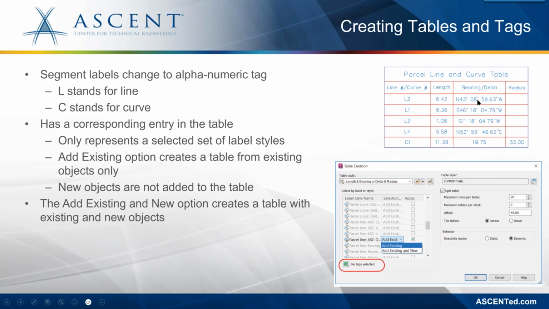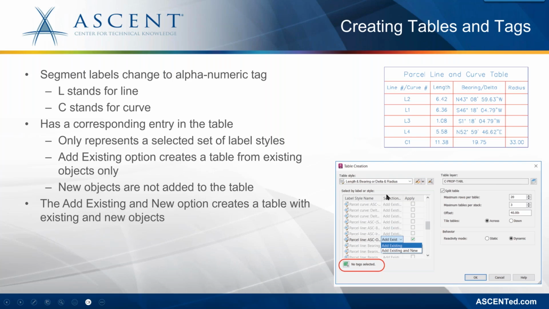And all of these have corresponding entries in the table itself. The lines will list the length, and the curve, the length and the bearing, and maybe that midpoint that I just put in, where the curves will have the length, bearing, delta, and the radius.